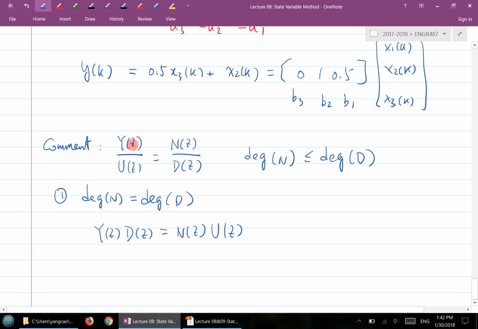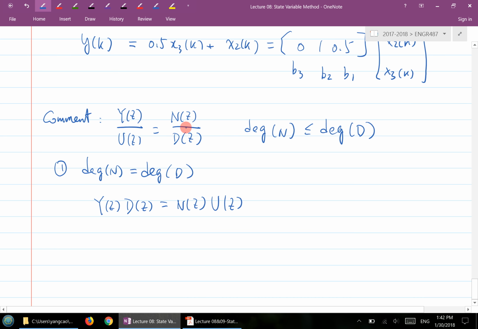So in this case, if the degrees of the numerator and denominator are the same, maybe z squared plus something at the top, and also z squared plus something at the bottom. Then you multiply the y with the bottom and the u with the top, and take the inverse z transform.